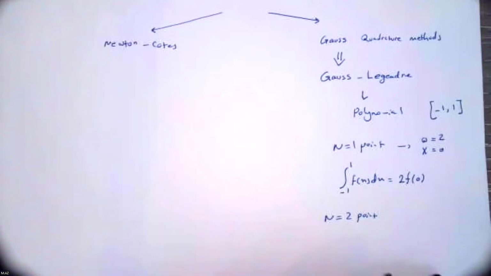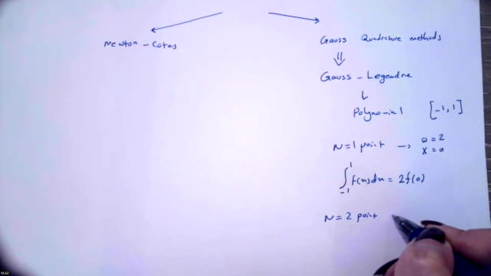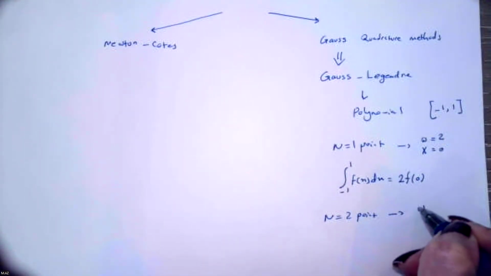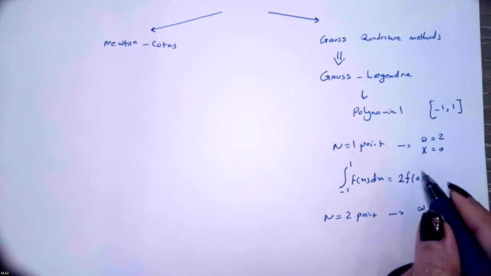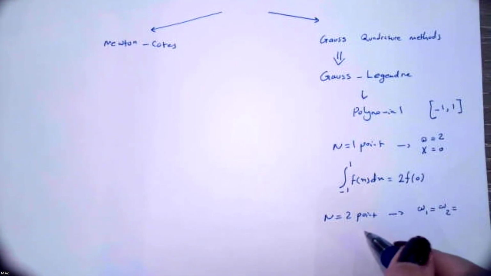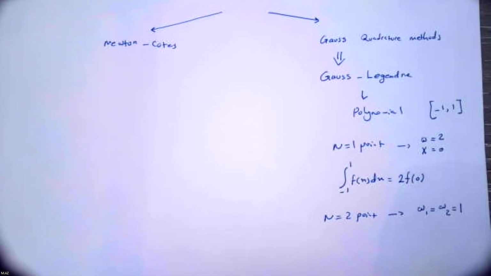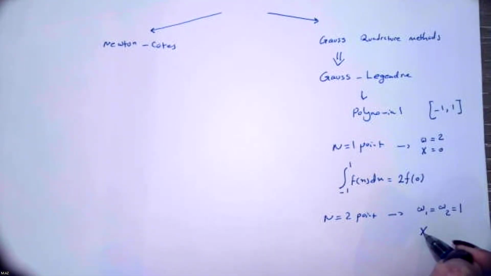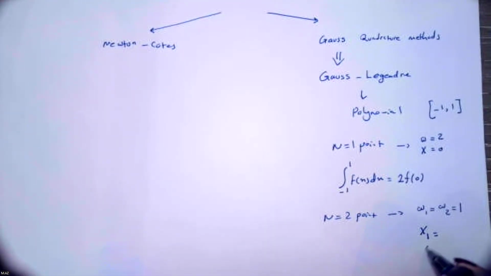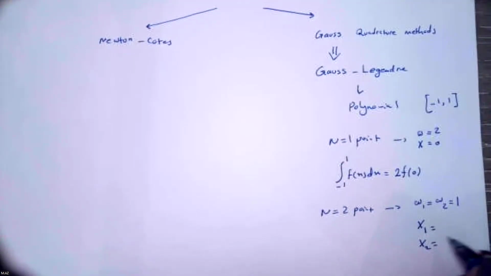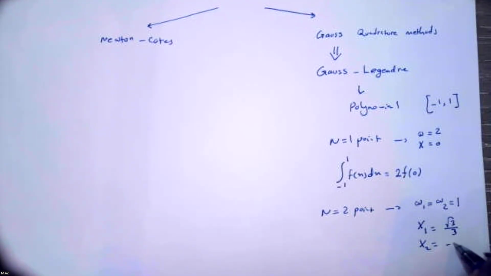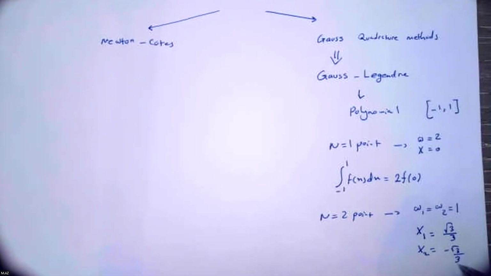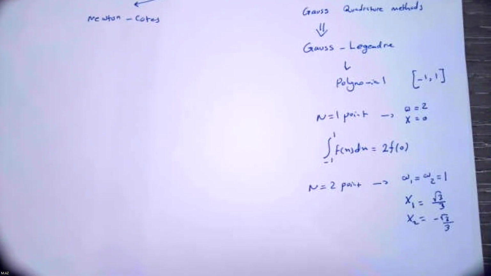And again, on an interval of -1 and 1, for the 2 points of the Gauss-Legendre rules, the weight for each of the quadrature points will be 1, and we evaluate a function at these 2 points. This is for the 2 points.